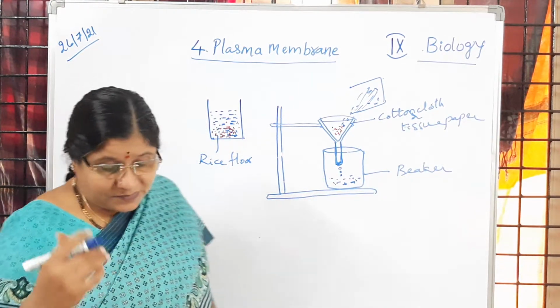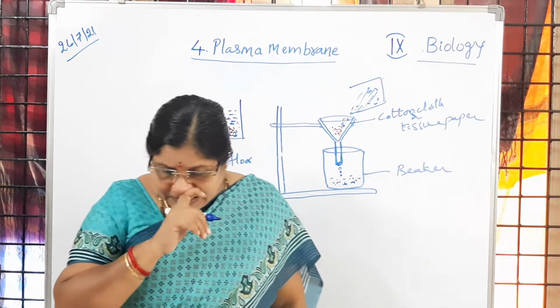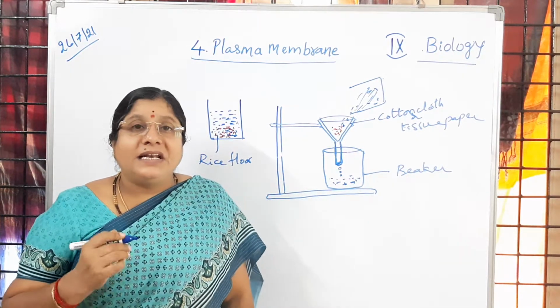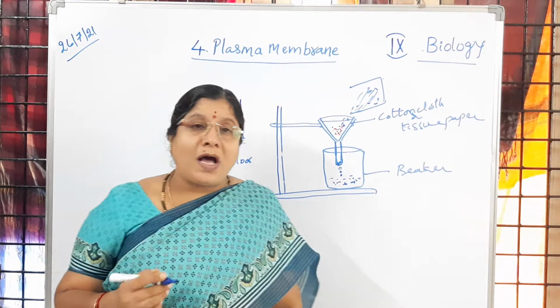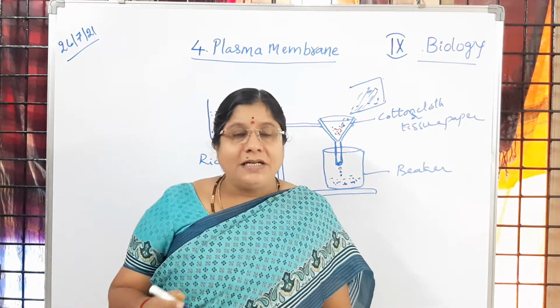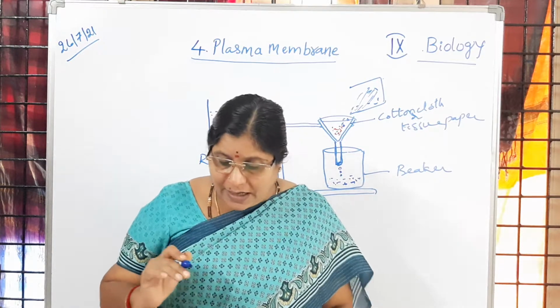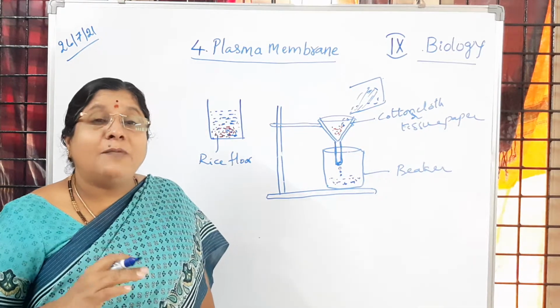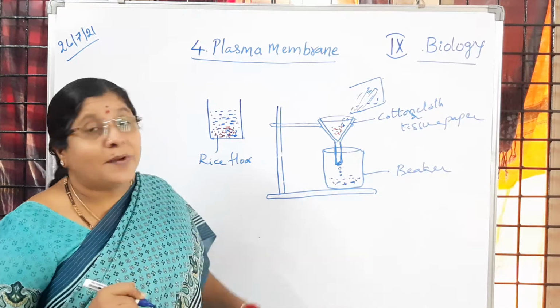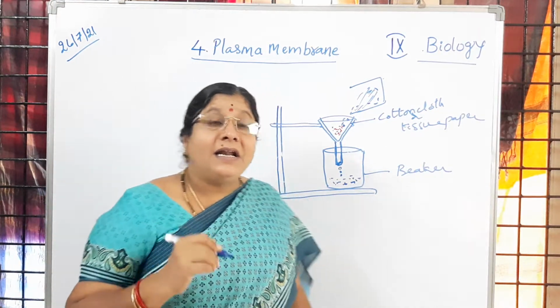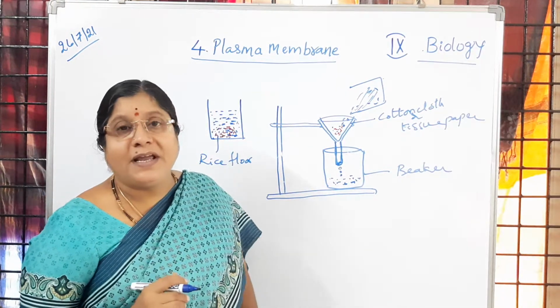So now in the same manner, in the living system the cells are also allowing certain materials to pass through and certain materials not. Okay, they are not allowed or they are passing through. Which is the plasma membrane? So now please tell which is acting as a plasma membrane.